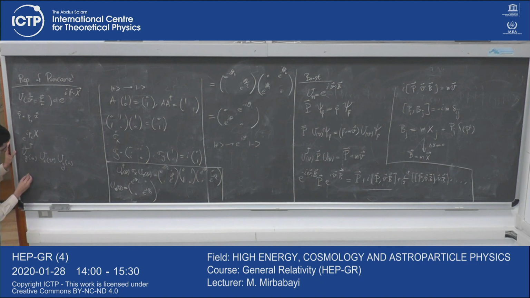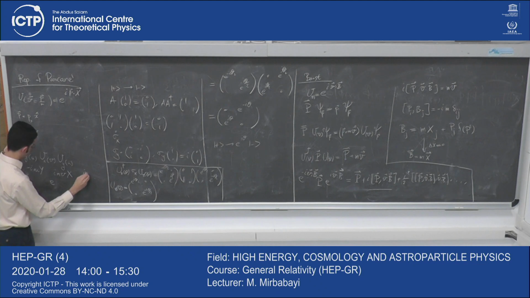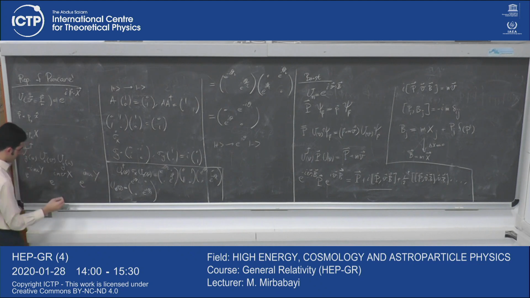So here we have explicitly e to the minus I mu times y, e to the I mv times x, e to the I mu times y. But this is the same as the original one, e to the I mvx, just because the generators of this non-relativistic Galilean boost are commuting with each other.